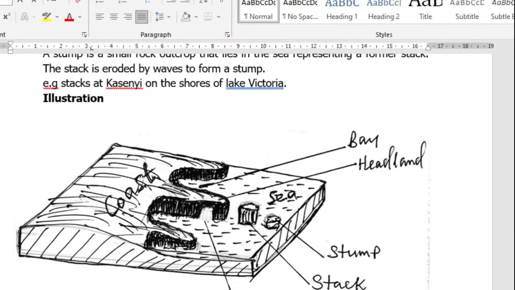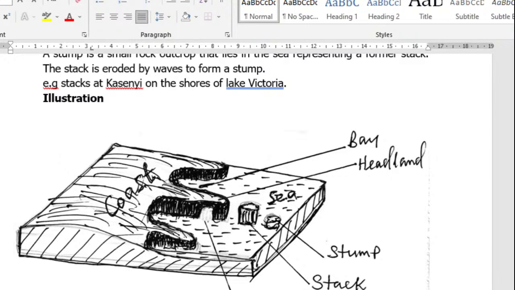We talked about four of them: hydraulic action, abrasion or corrasion, solution or corrosion, and attrition. Those are very important also, because they relate to other processes that lead to landform formation along the coast.